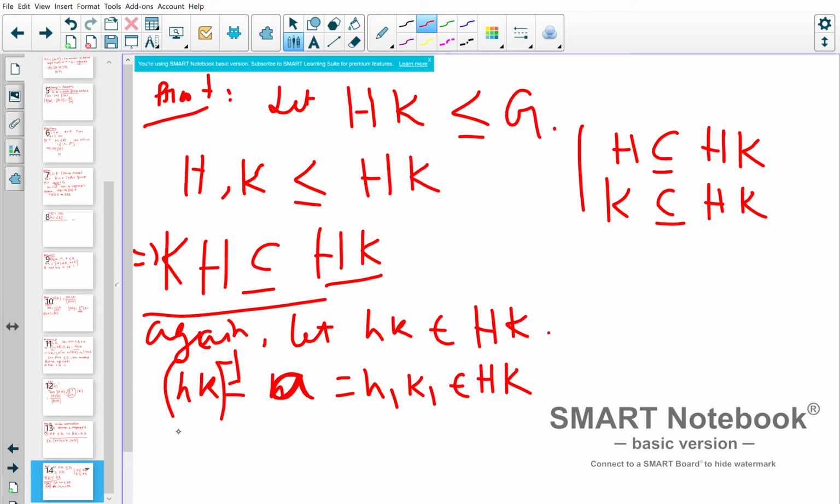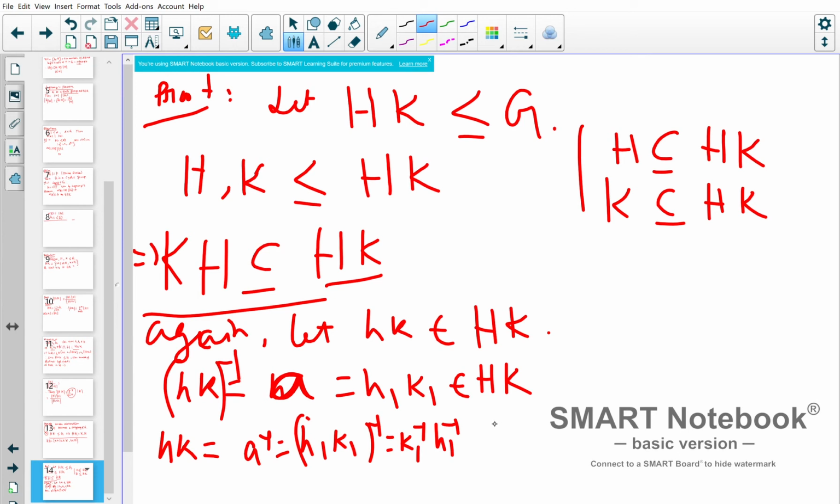Now obviously you can write down HK as A inverse, right? HK inverse is A, means HK equal to A inverse, and A inverse is H1 K1 whole inverse. But H1 K1 inverse is nothing but K1 inverse H1 inverse, right?